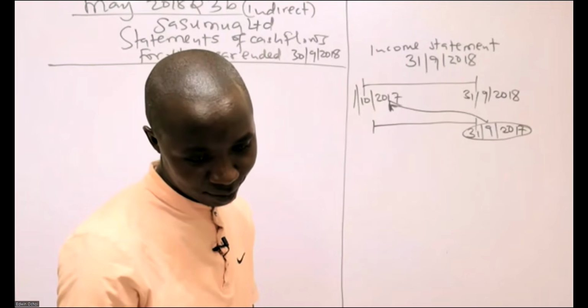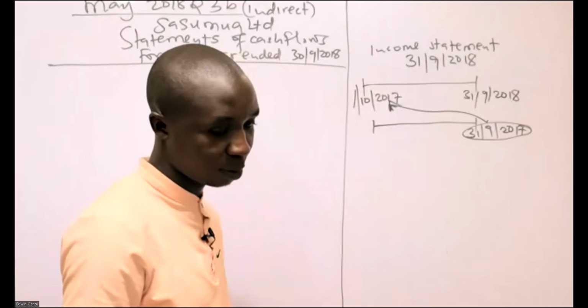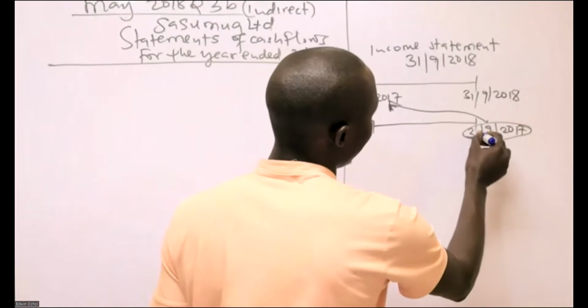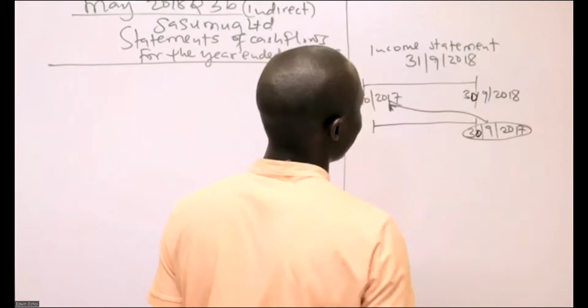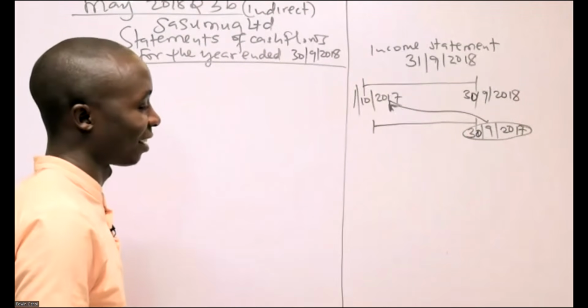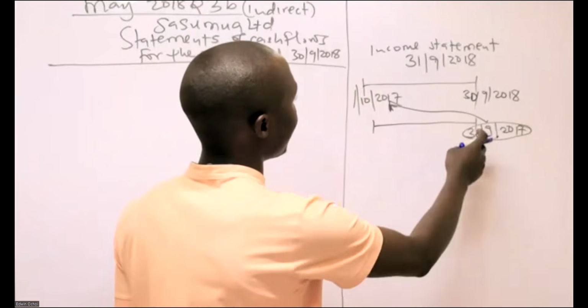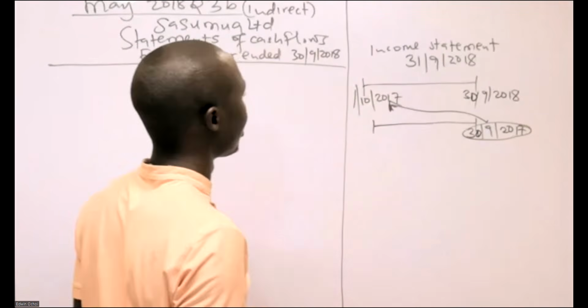I know for the people who prepare statements now and then, those 30th and 31st dates get mixed up. So it's 30th September, and we have 30th September 2017.